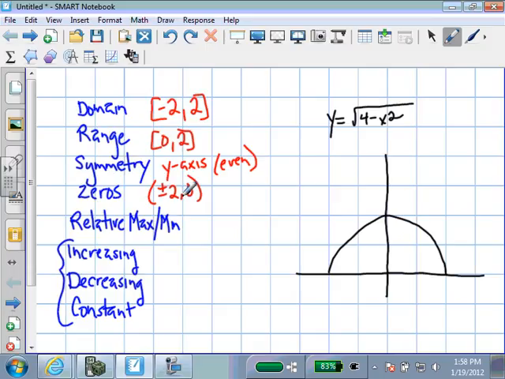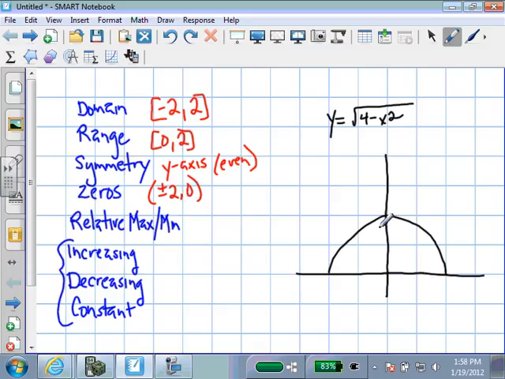Relative max and min means if you look at the graph and you can find what they call a small neighborhood, like a little circle, where there's a point on the graph that's higher than any of the ones on the left of it or the right of it, then that is a relative maximum. If you can find a place on the graph where in a small neighborhood, all the points on the left and the right are higher than a particular point, then we have a relative minimum.